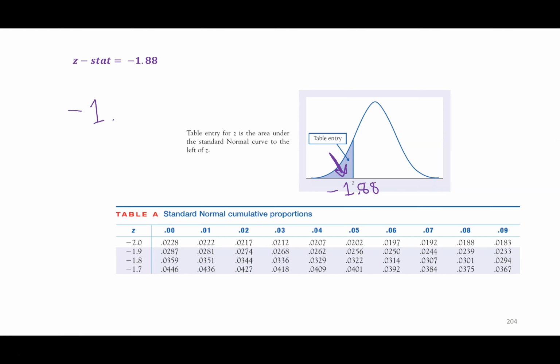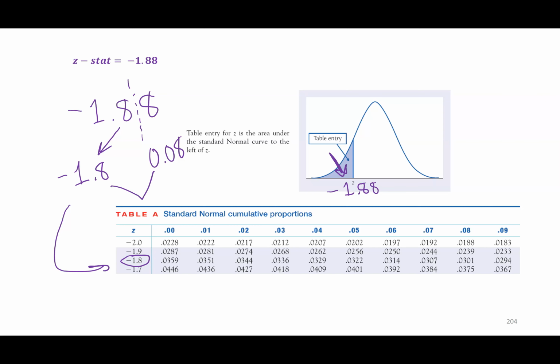Negative 1.88, I draw a line down there. It's negative 1.8, that tells me which row. And 0.08. If I were to recombine them, I would get negative 1.88. So this tells me which column.